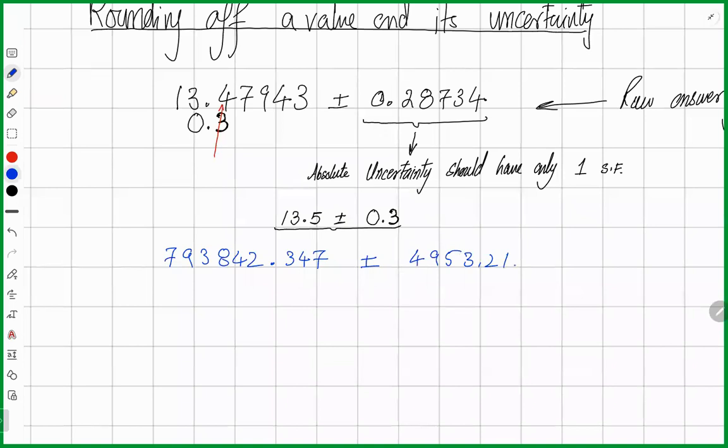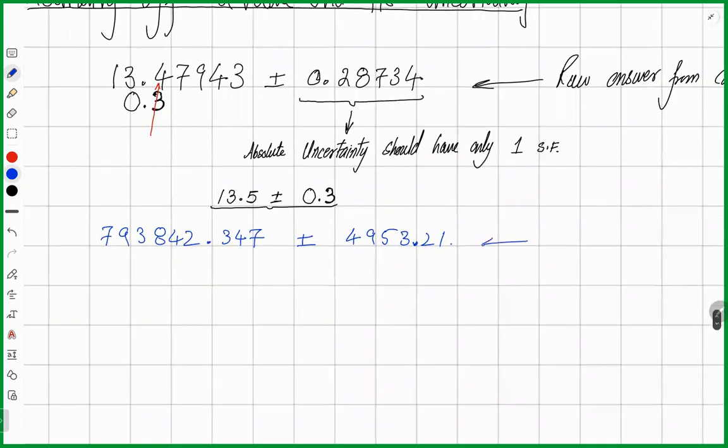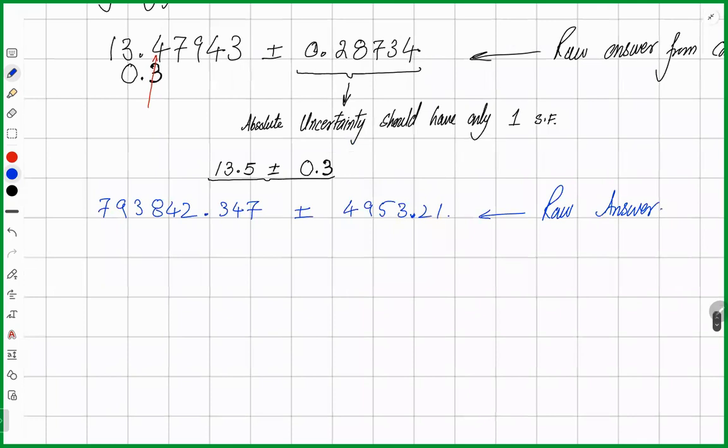How will I round it off to the proper number of significant figures? This is the raw answer. What should be my final answer for this one?